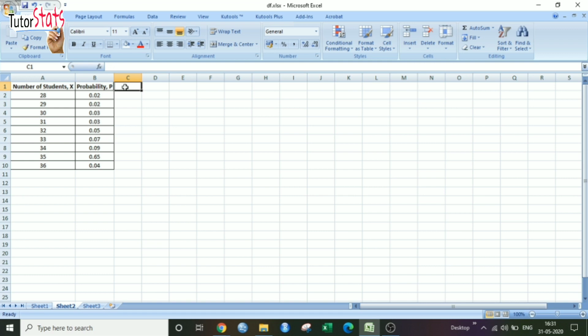So now we will make a column x into p, and we will multiply our x values with probabilities.